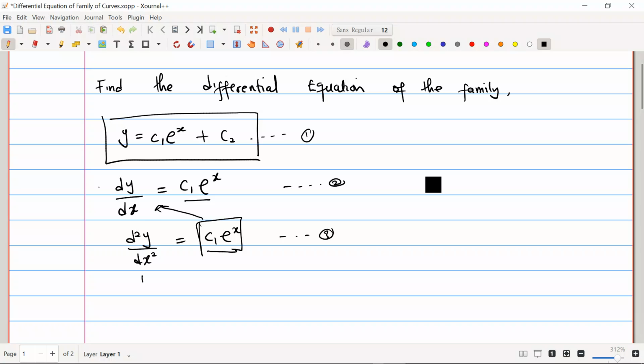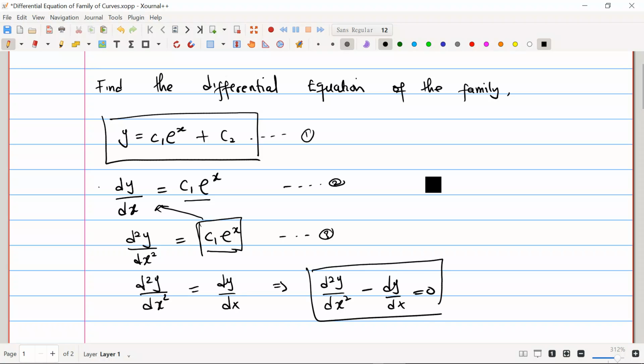So d squared y/dx squared is equal to dy/dx. This is an equation of only derivatives. There's no constant, so if you rearrange this, you're going to have d squared y/dx squared minus dy/dx is equal to 0, and this is a differential equation with a general solution of that form. That's the differential equation we're looking for.